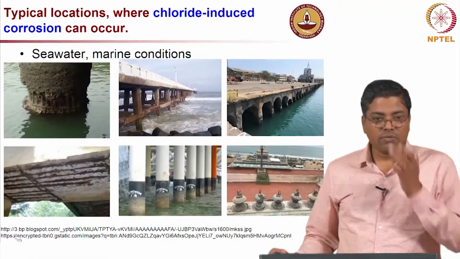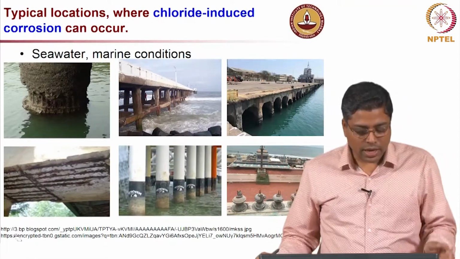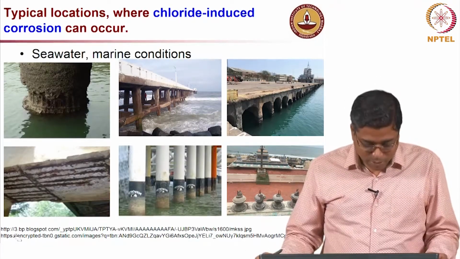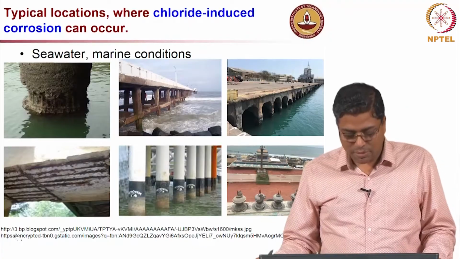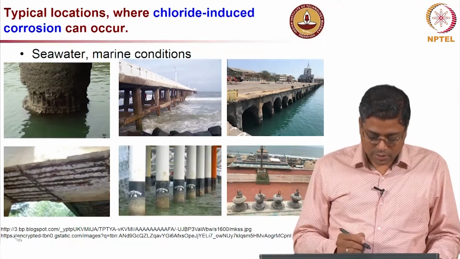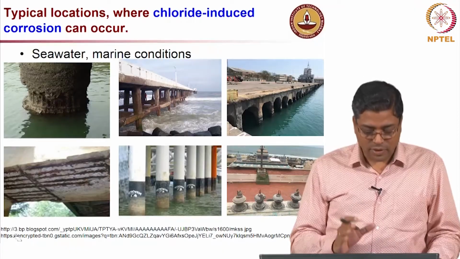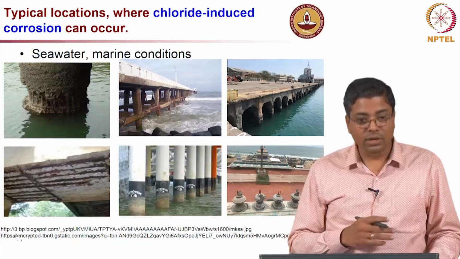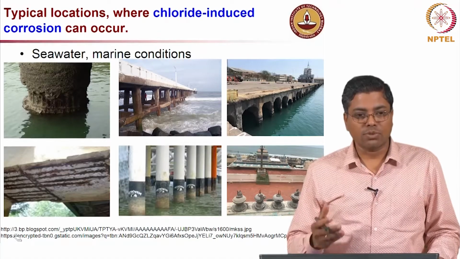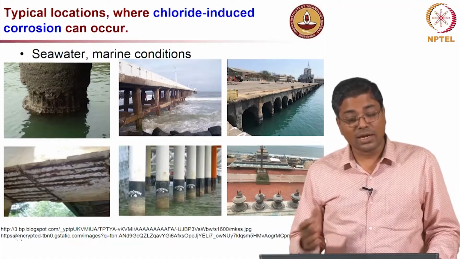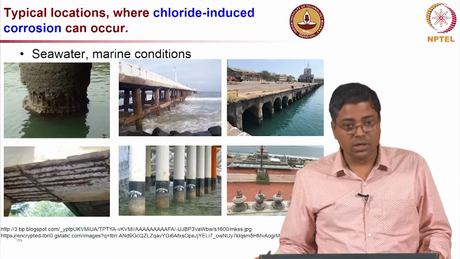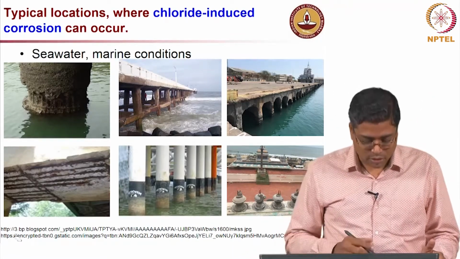Now, let us look at where we usually see chloride induced corrosion. I mean, we see it in many places. I am going to show you some examples where it is more prominent. First of all, it is sea water or marine conditions, where any structure that is exposed to sea water, either in direct contact or in very close proximity to the sea water, can have chloride induced corrosion.